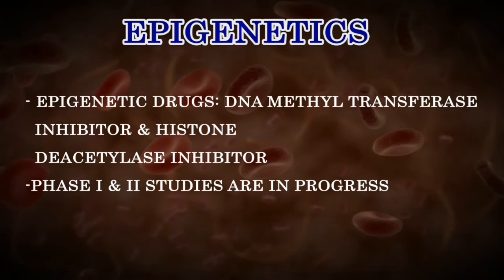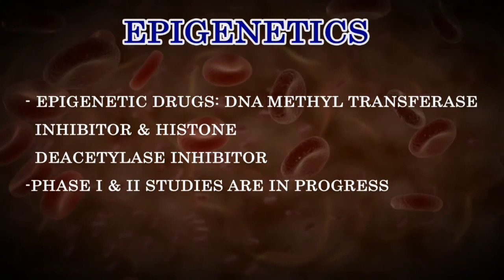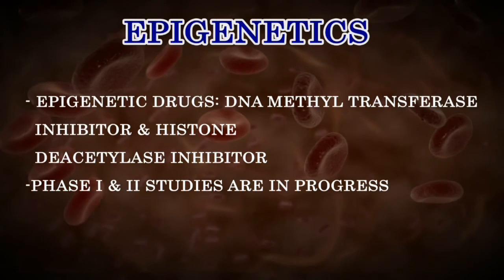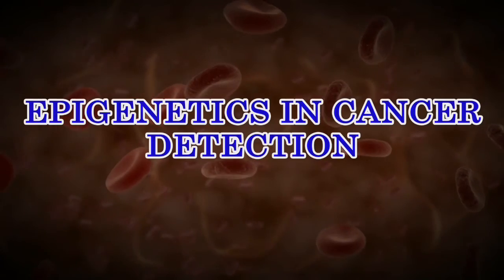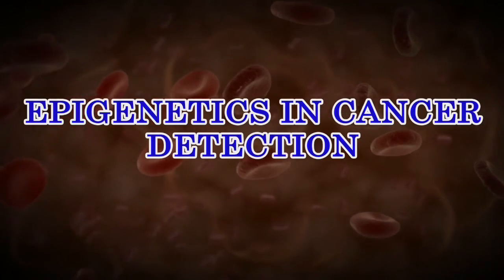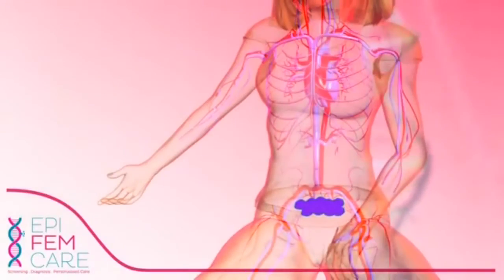These drugs, DNA methyltransferase inhibitors and histone deacetylase inhibitors, are under study. Epigenetics plays a role in cancer detection also. Detection of methylated DNA sequences in peripheral blood can help in early detection.